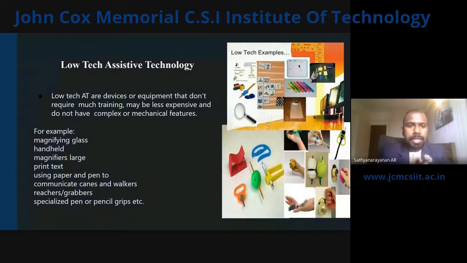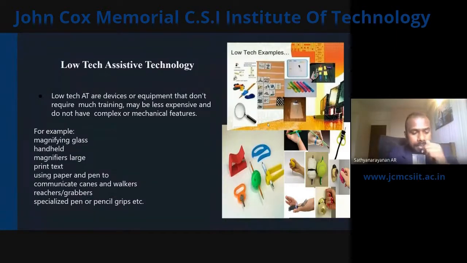So now let's look into low-tech assistive technology, and how the devices look. We look at various institutions, clinics and centers for learning disability, such as autistic clinics, cerebral palsy clinics and dyslexia. There are various types of disability, as we've gone through.